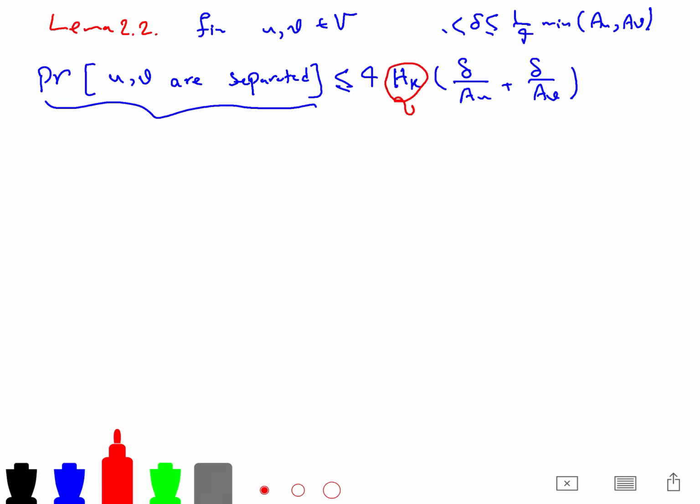So H of K, as I said by definition, is just 1 plus 1 over 2 plus up to 1 over K.